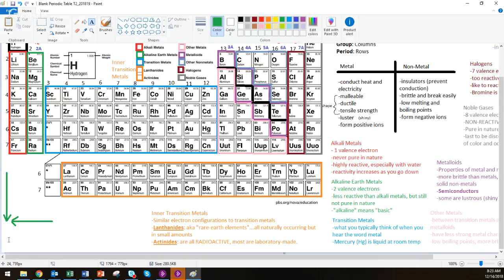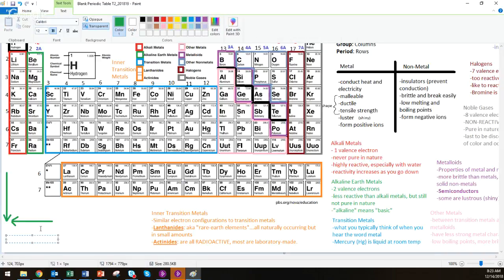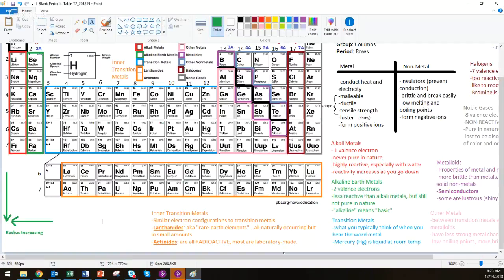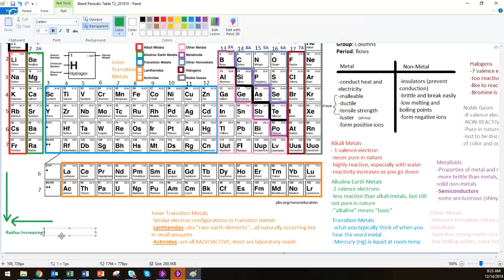So those green arrows represent radius increasing. All right, so it increases down and to the left. And you might even want to add, as a reminder, that francium is the biggest.